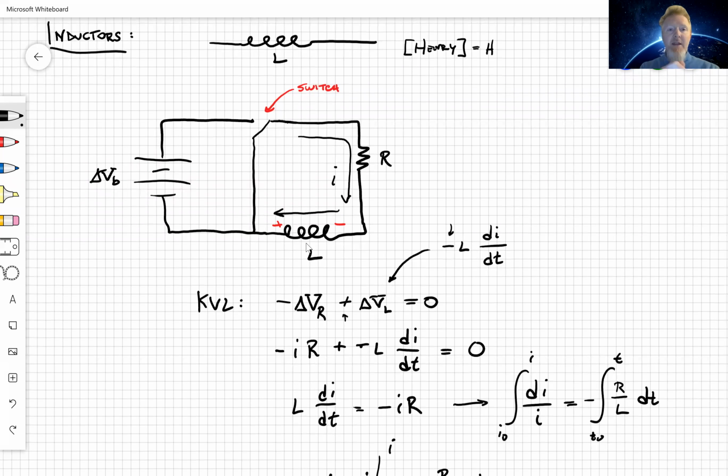Now suppose that I have drained the energy out of the inductor with the switch in this position. And now I'm going to put the switch into this position, right? So the inductor was drained, and now I'm going to hit it again with the battery. What is the inductor going to do as the battery attempts to push charge in the direction that I have here?